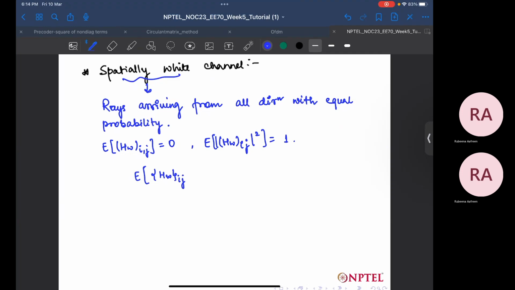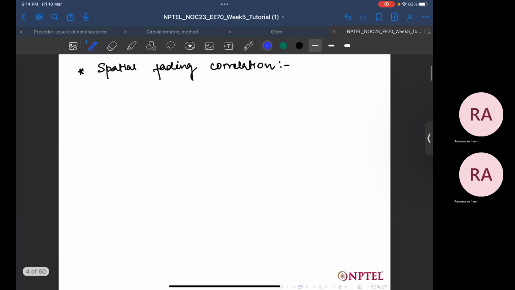I'll write it down as HWij times HWmn conjugate is equal to 0 if i is not equal to m and j is not equal to n. Previously you must have seen the correlation diagram.